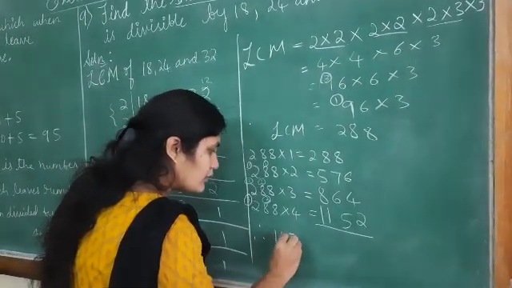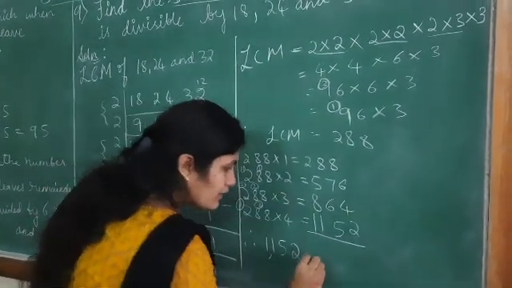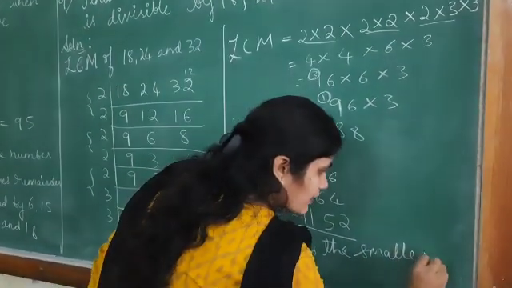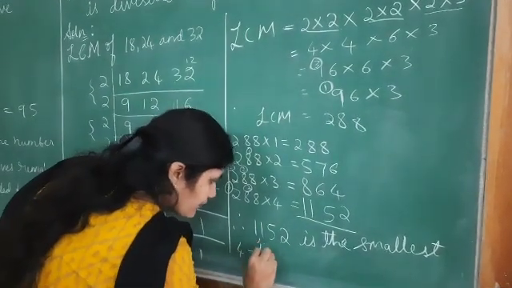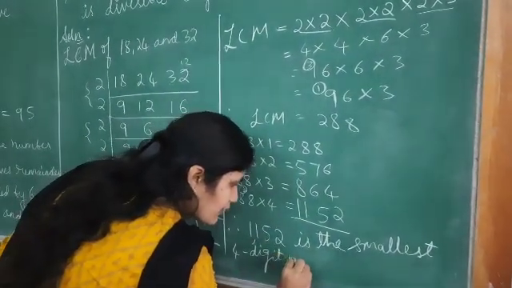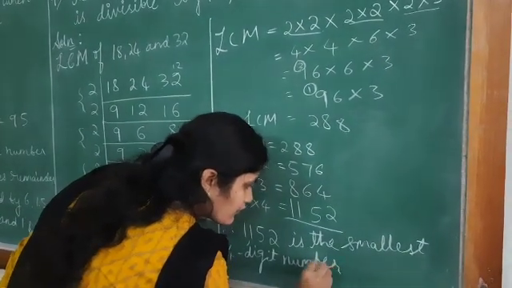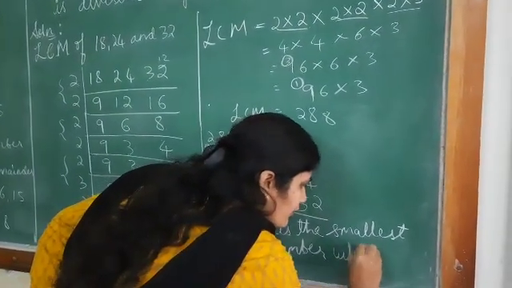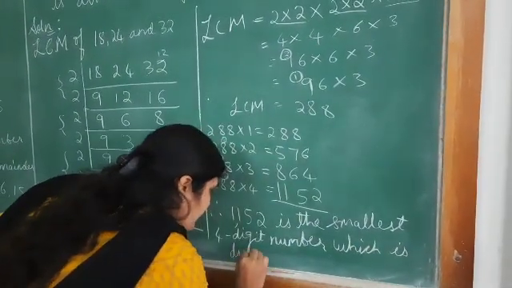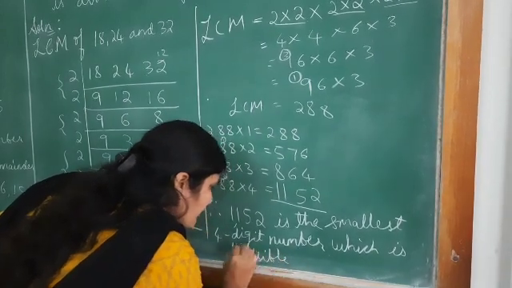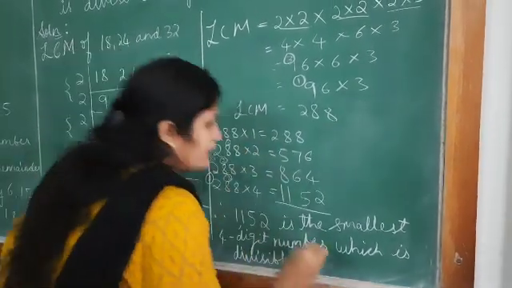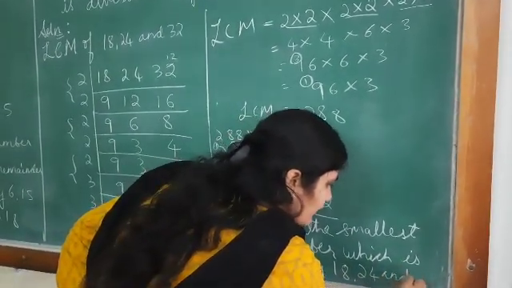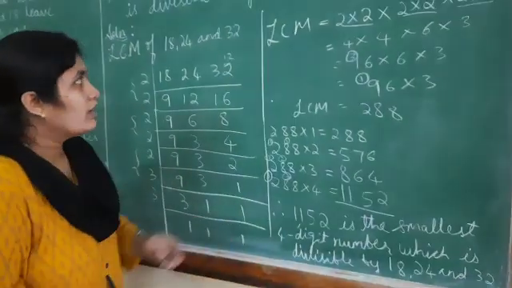Therefore 1152 is the smallest 4-digit number which is divisible by 18, 24 and 32.